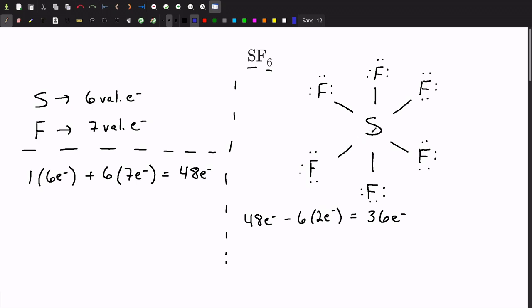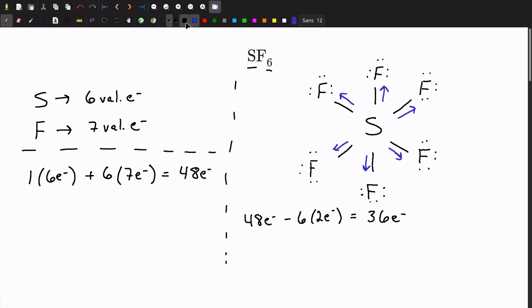And that bond dipole is going to point along the bond from the less electronegative atom towards the more electronegative atom. Okay, so we have a difference of electronegativity here. We have a bond. We're going to have a bond dipole that points towards fluorine in each one of these cases. So those are all of my bond dipoles.